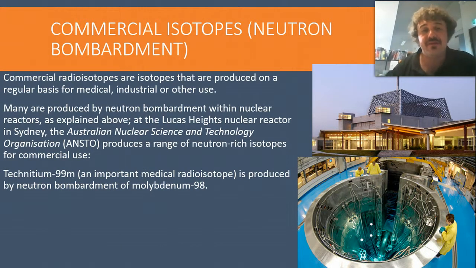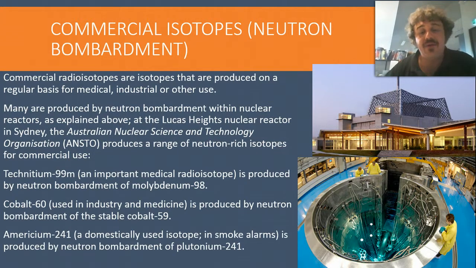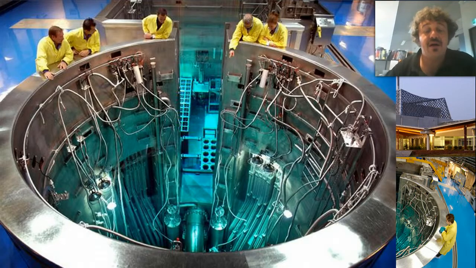Technetium-99m, and the m is important there, is produced by neutron bombardment of molybdenum-98, and cobalt-60 is produced by neutron bombardment of the stable cobalt-59. Americium, which we use in smoke alarms, is also produced there by neutron bombardment of plutonium-241. Important to note, this is the only one that can do it in Australia. This is the only nuclear reactor we have. All right, and that's what it looks like. That's the core, and you can see this is filled up with water down here.